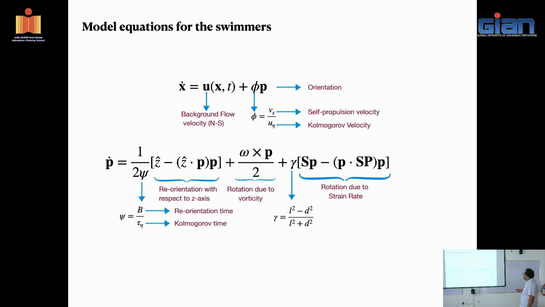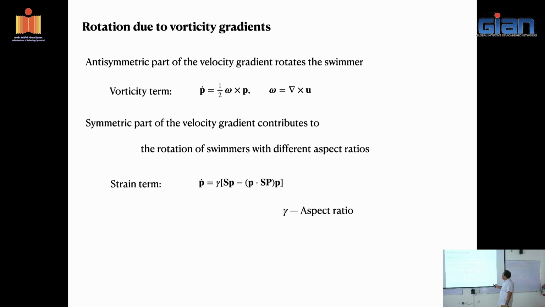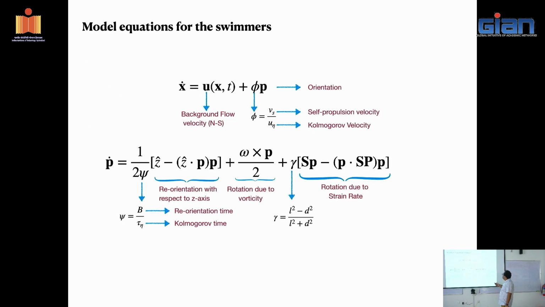I will have x dot, which equals the background flow plus the orientation vector with the swimming number coming in, which is nothing but the self-propulsion divided by the Kolmogorov velocity, because I'm dealing with 3D turbulence.